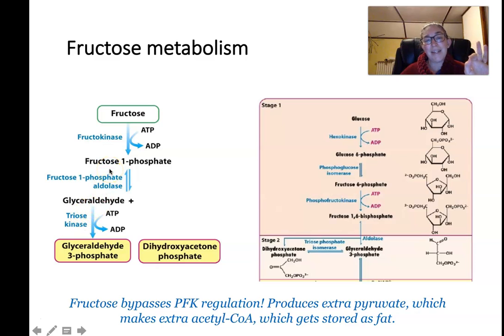And so then we end up with a buildup of pyruvate at the end of fructose metabolism, and it ultimately ends up getting stored as fat. So that's why people make the claim that fructose is more fattening than glucose, because we don't have a way to stop breaking it down. We end up converting it to pyruvate and storing it as fat.